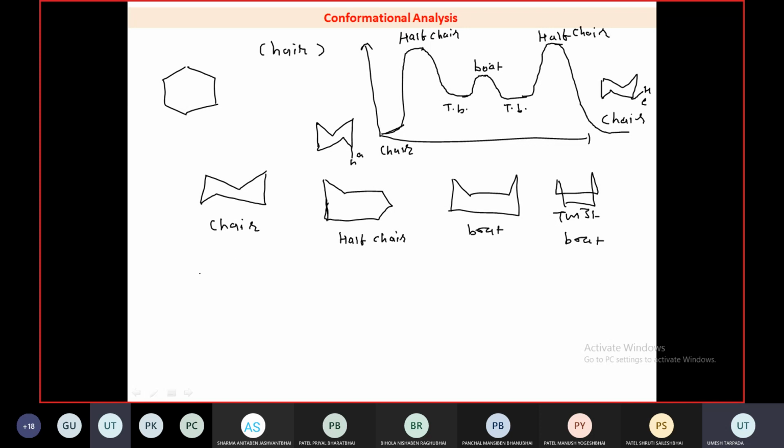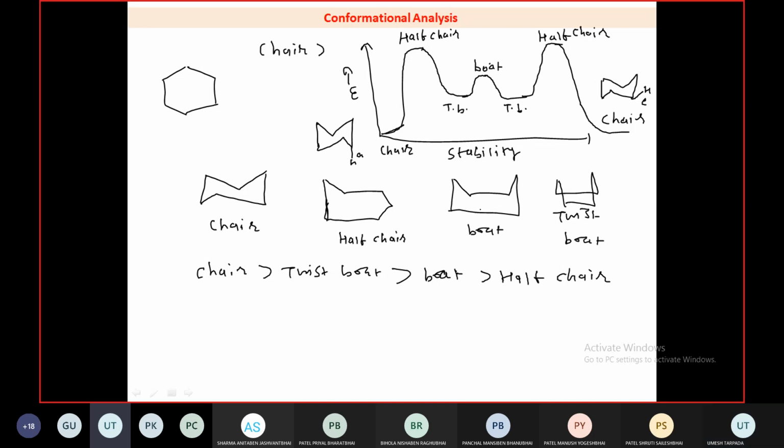If you look at energy, the most stable form is chair form, having least energy, followed by twist boat, then boat form, and then half chair. So this is the stability of conformations of cyclohexane. This is the energy axis, and these are the different conformations.